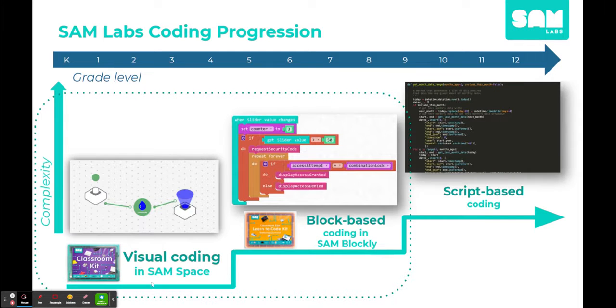So we start in our coding space called SAM Space. Both of these are housed in the same platform, so you don't have to toggle between two different websites. They're both housed within SAM Studio. So SAM Space is our visual coding platform.